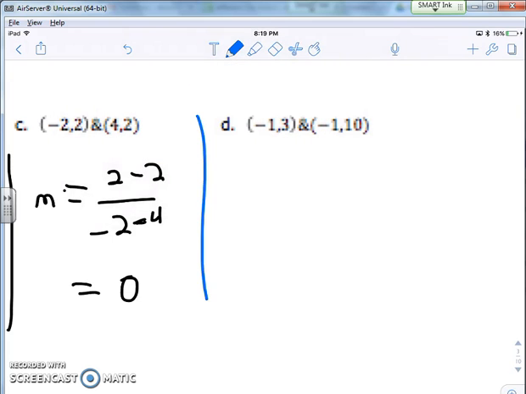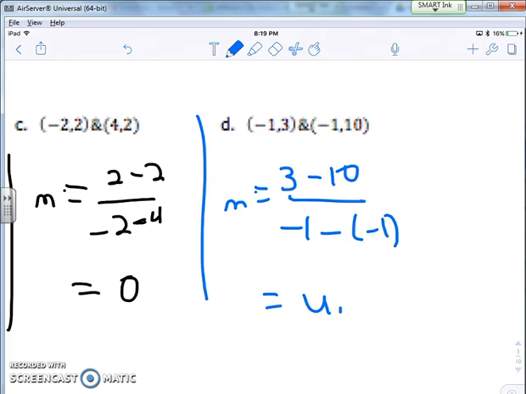And y minus y over x minus x, 3 minus 10 over negative 1 minus negative 1. And the bottom is 0, so this is an undefined or no slope. Undefined is what those hieroglyphics are saying. Beautiful. Alright, next page.